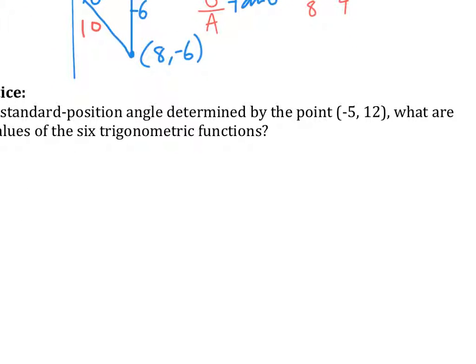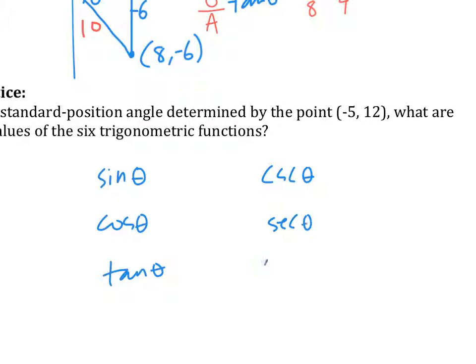All right, let me give you the values so you can double check. Sine is 12 over 13. Cosine is -5 over 13. Please make sure you keep it negative, okay? 5 is going to the left, so that's negative. Tangent is -12 over 5.